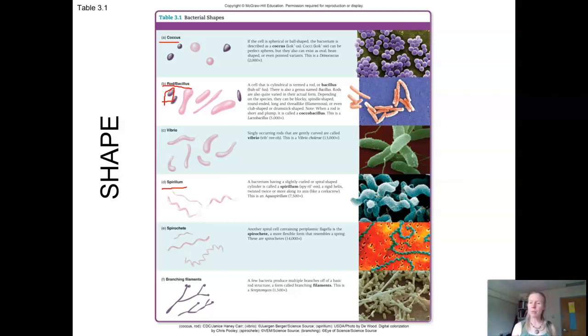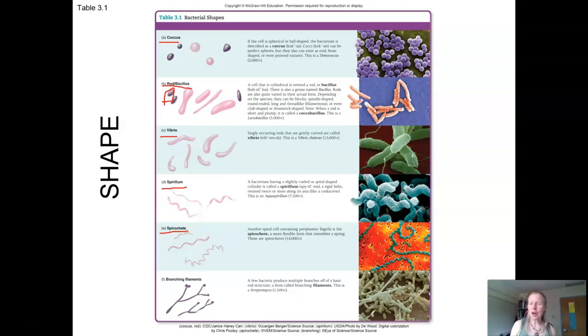Adding a few more as we move into microbiology, this Vibrio is described as a comma-shaped bacteria. Vibrio cholerae is the causative organism of cholera. We'll talk about that one a little bit. Spirochetes, the famous spirochete is the one that causes syphilis.